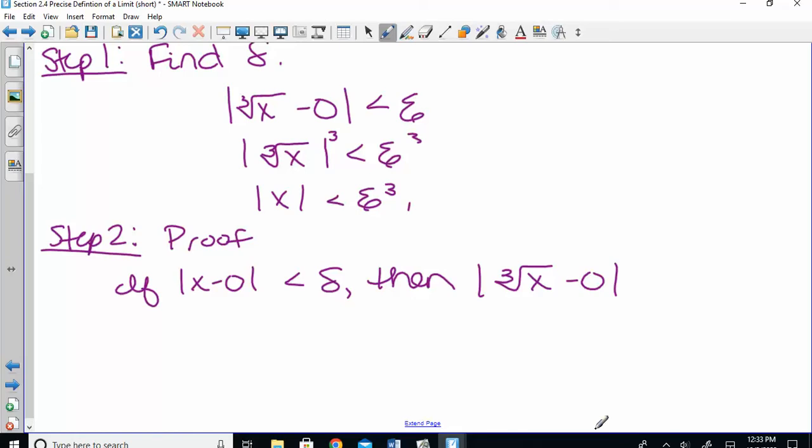So we're really just doing the same thing that we got done doing. What did I forget to write down? Let delta equal epsilon cubed. Sorry.